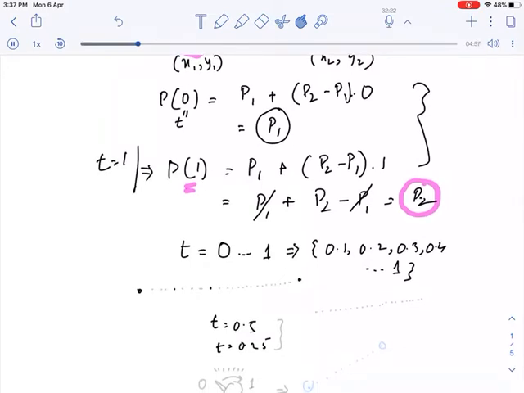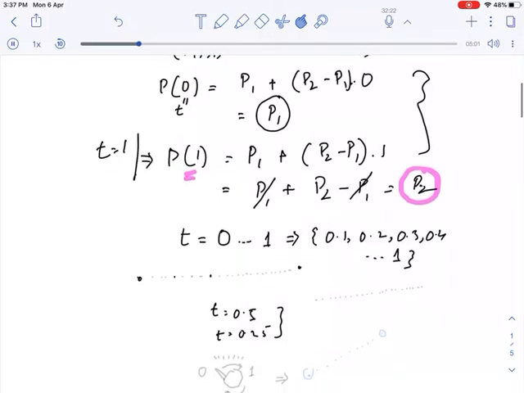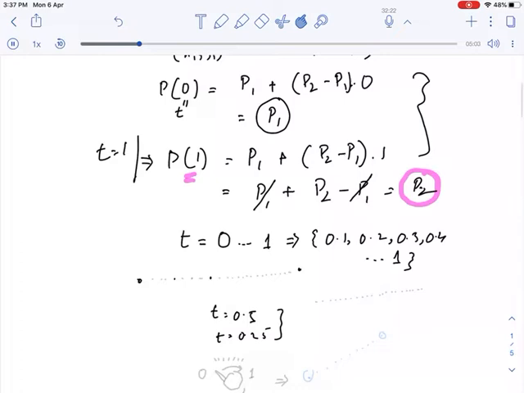So by varying the value of t, this parameter, I can get different points within the line. So by changing t continuously, we can get different points on the same line.